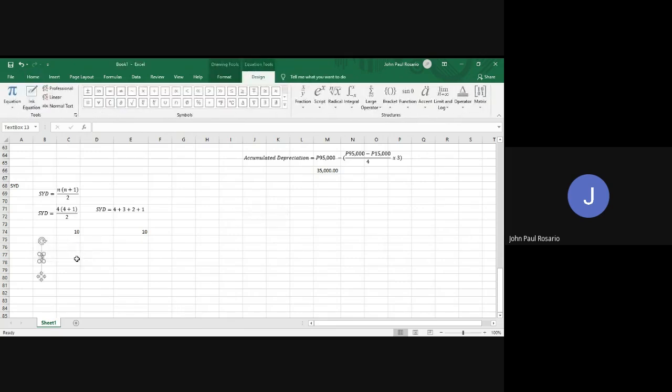So your SYD depreciation ratio, or we can just simply do it directly.